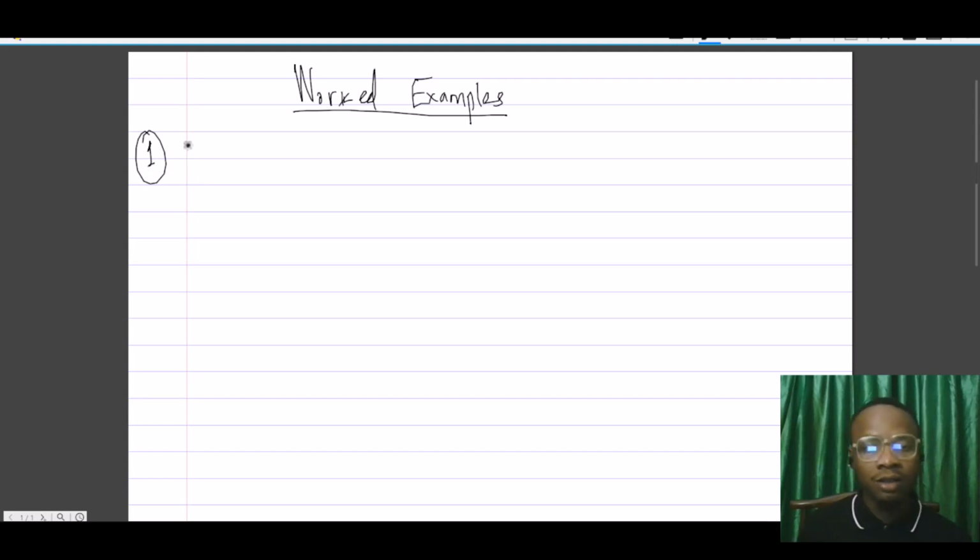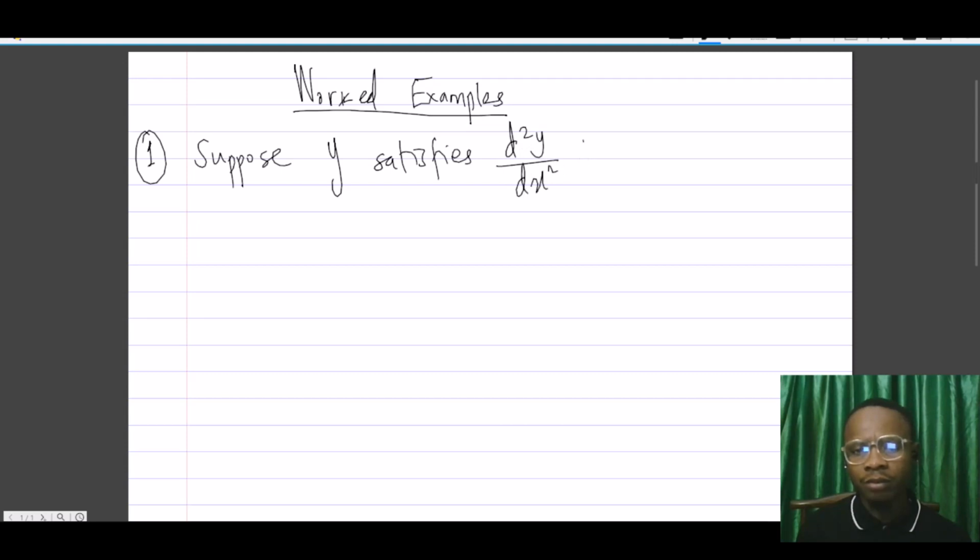It says that suppose y satisfies this relation, d squared y over dx squared plus x squared y equals sine x at x equals 0.